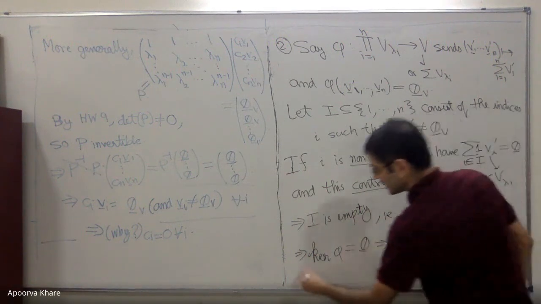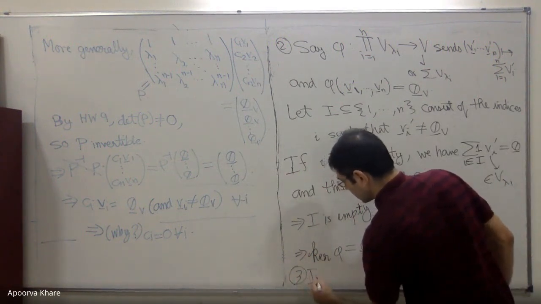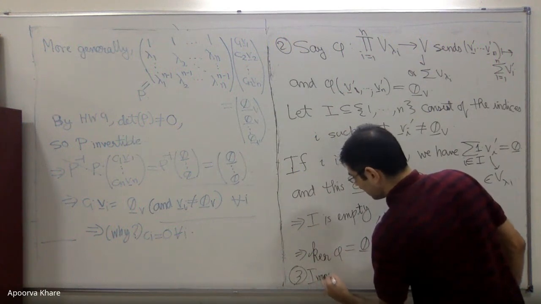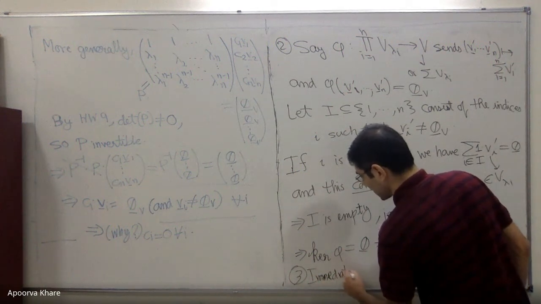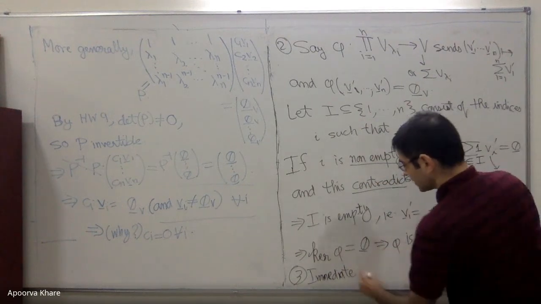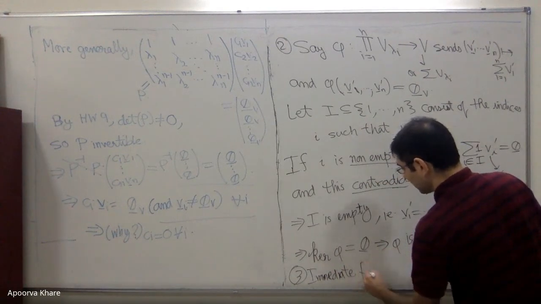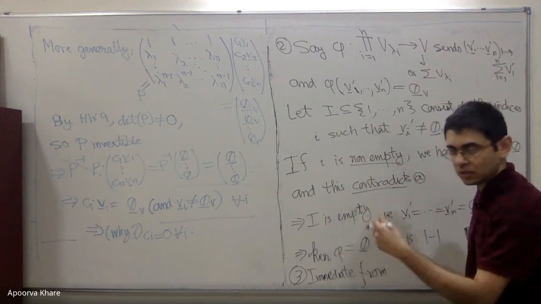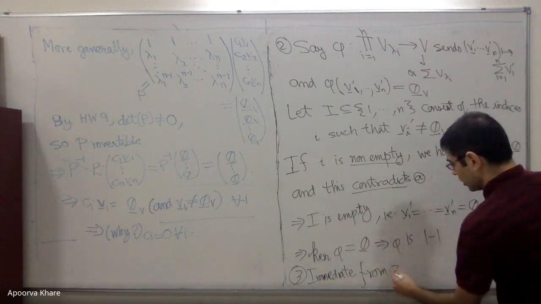Part 3, as I said, I leave it to you guys to check. I think we may even have done this before, that if you have a direct sum of finite dimensional vector spaces, then the dimensions add up, because you can take a basis and a basis, and really.